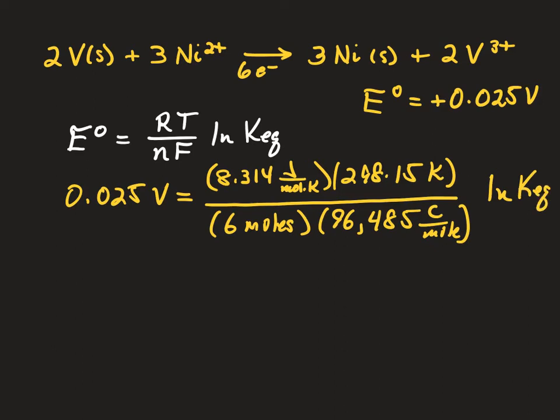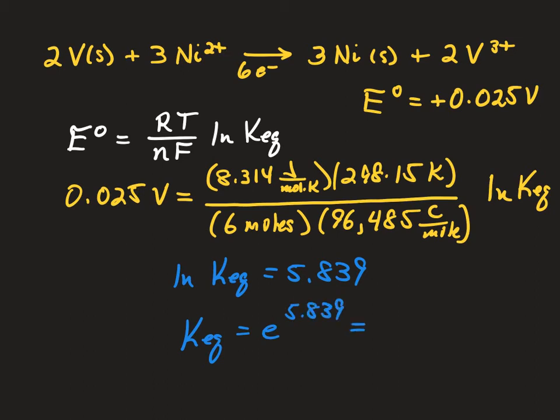And if we solve for that, if we go through and do that math, we get that the natural log of the equilibrium constant is 5.839, and therefore the equilibrium constant is e to the 5.839, which is about 343. So we can find the equilibrium constant.